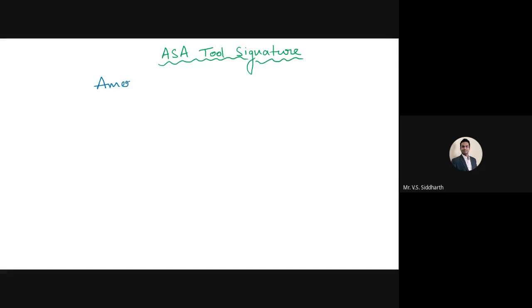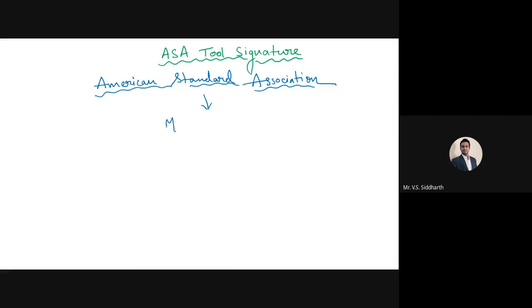American Standard Association. ASA stands for American Standard Association. So this tool signature is developed by American Standard Association engineers. Okay. And this tool signature system is based upon the machine reference system.